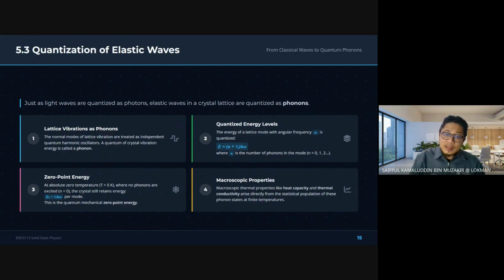That is the idea of quantization. This is important because the classical picture alone cannot explain all thermal behavior correctly. We need quantization, especially at low temperature. So this slide marks an important transition. We are moving from classical vibration to quantum vibration, and that quantum viewpoint leads us to the idea of the phonon.